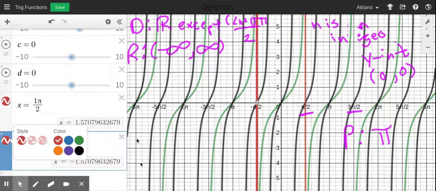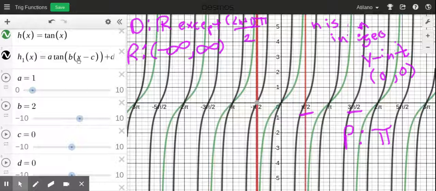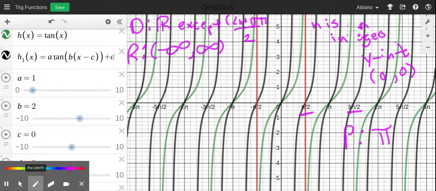But now, when my b value is 2, look at what's happening. The tangent is starting at halfway through its cycle. It asymptotes out, starts and completes a new cycle, and then completes another half cycle. So rather than completing one cycle in the span of pi, it's now completing 2 cycles in the span of pi.